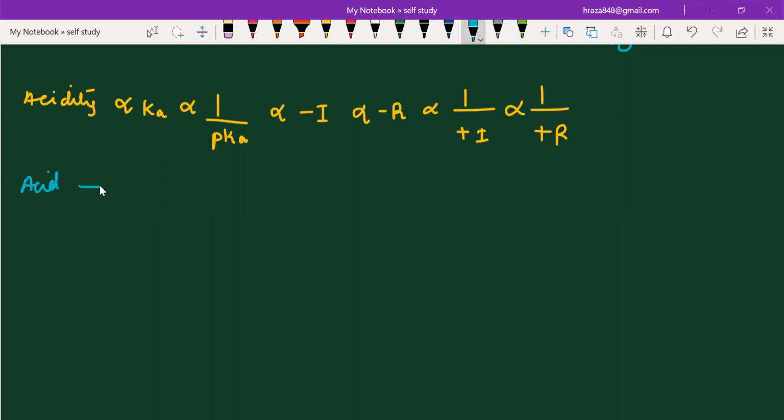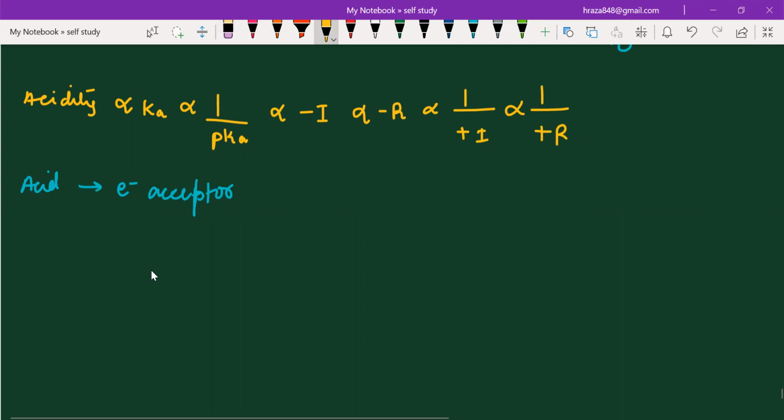Acid is basically an electron acceptor or electron withdrawer. So if a group is highly electronegative or an electron acceptor, that will be more and more acidic.